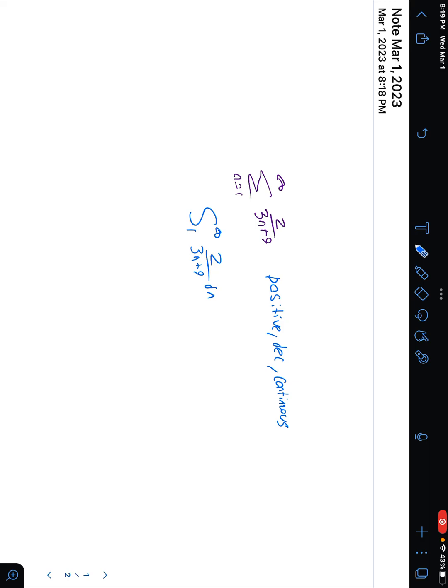What we want is u prime over u. So we're going to rewrite this as the limit as n approaches infinity. That should be an integral of 2. We're going to take this 2 out to the front, times the integral from 1 to b of 1 over 3n plus 9 dn.